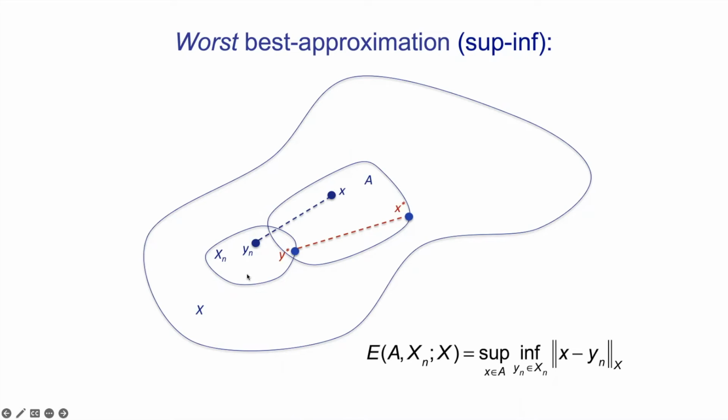You have to take a normalized set, because obviously if this is unbounded, there will be elements out at infinity, and the errors will be big. So you work with a unit ball in the big space, that's A. And you take the sup over the target, X. So you take the sup over that, and that is your worst best approximation.